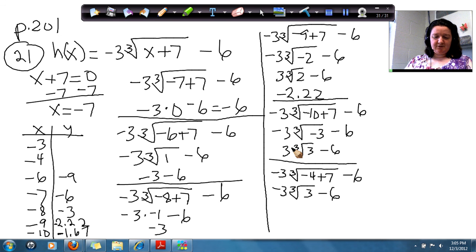So I'm going to take the third root of 3, multiply that by negative 3, and subtract 6. It's giving me 1 point... that can't be right. Okay, so I'm taking the third root of 3, multiplying that by a negative 3, and subtracting 6.